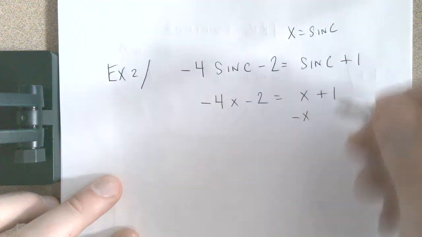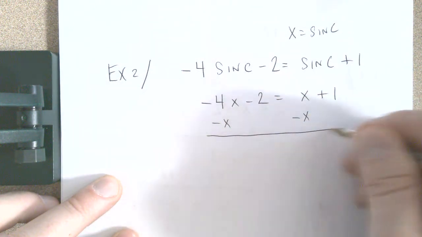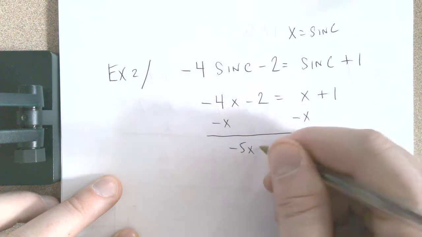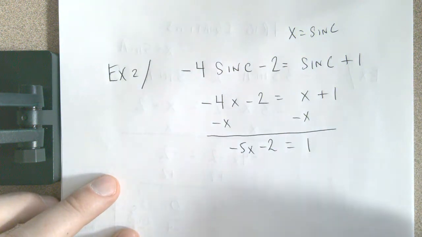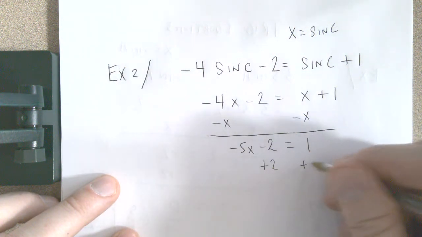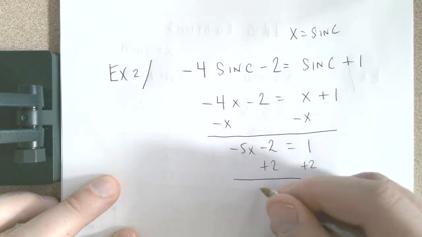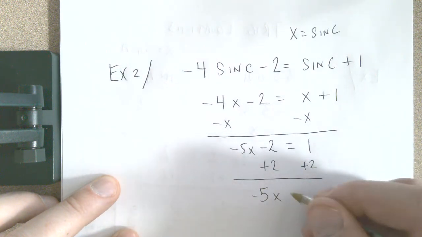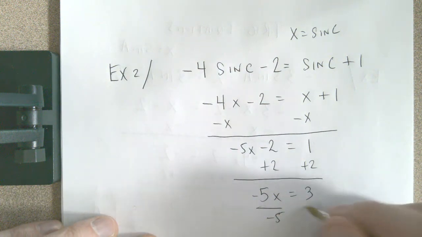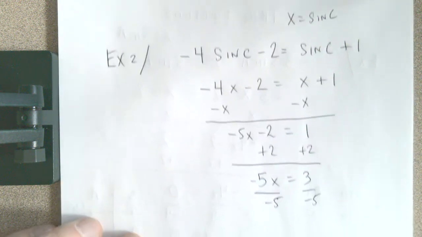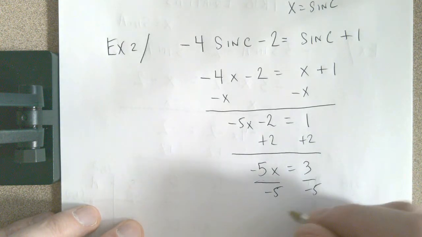So if I again subtract my x, I get negative 5x minus 2 equals 1. If I add 2 to both sides, negative 5x equals 3. And if I divide by negative 5, x equals negative 3/5.